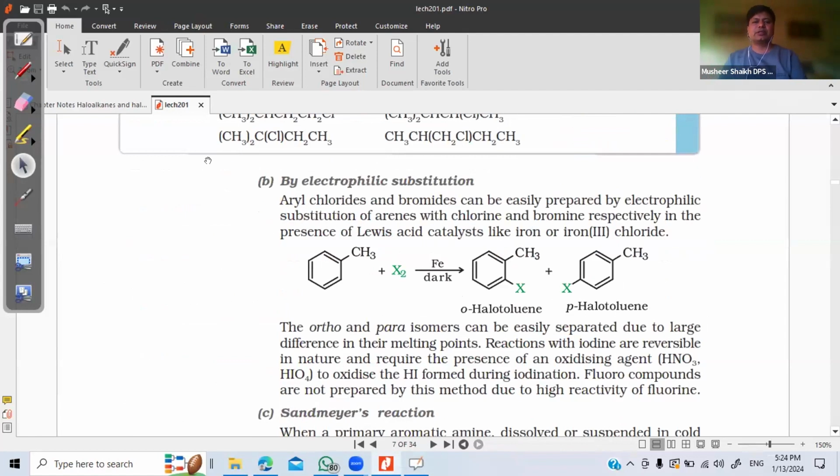This is an electrophilic substitution method on benzene. Many times students get confused about why only electrophilic reactions occur on benzene. Benzene is having three double bonds. Because of the three double bonds, you might call it electron deficient.